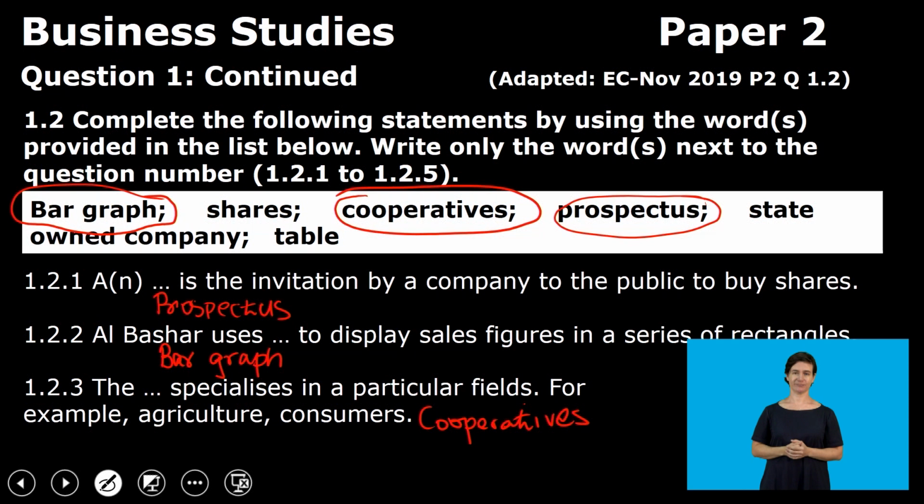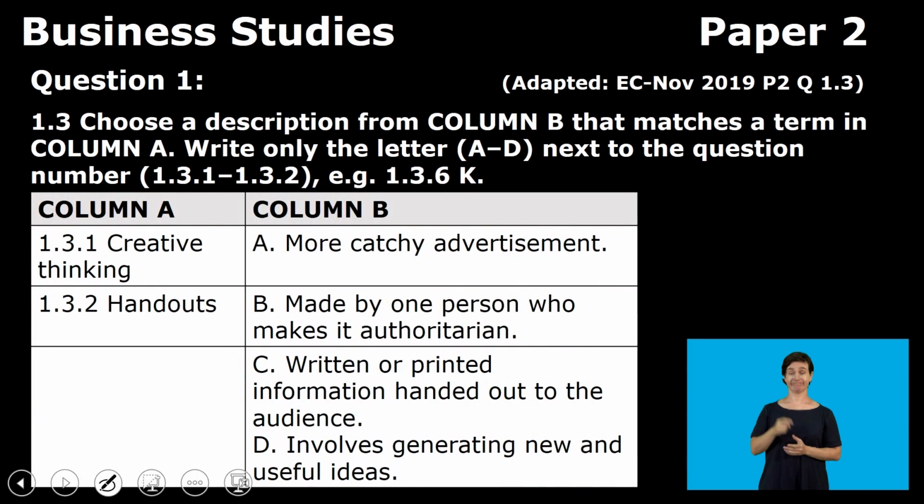All right, so we're going to our 1.3, still in section A. Remember, there's only one answer in this question. So you need to choose a description from column B that matches a term in column A. Write only the letter A to D next to the question number, and here's an example that you were given.